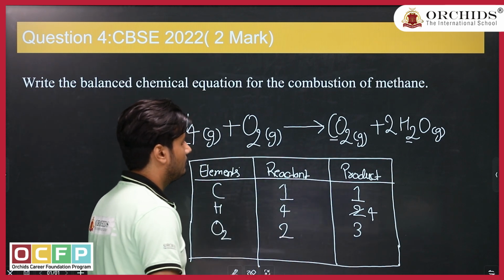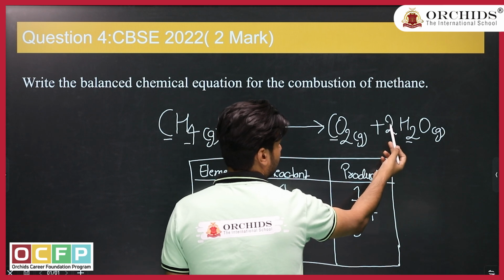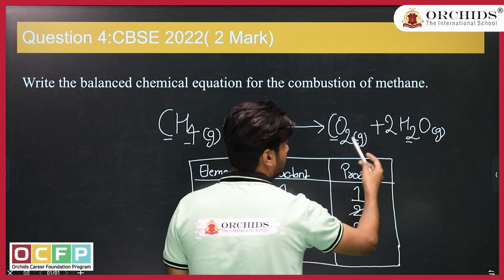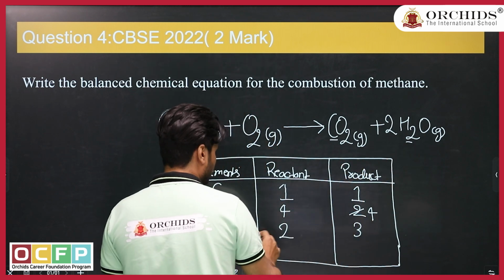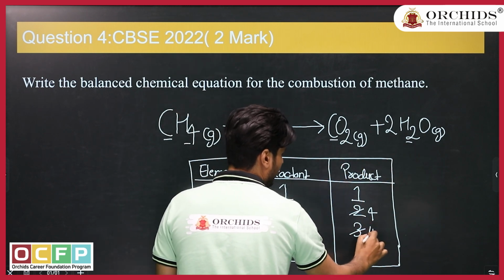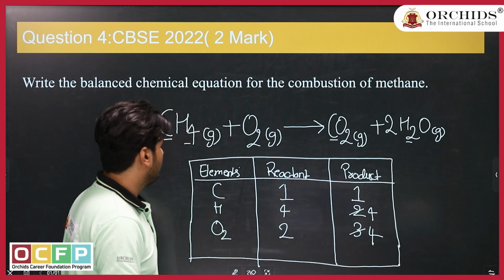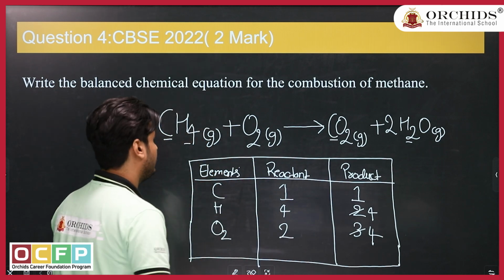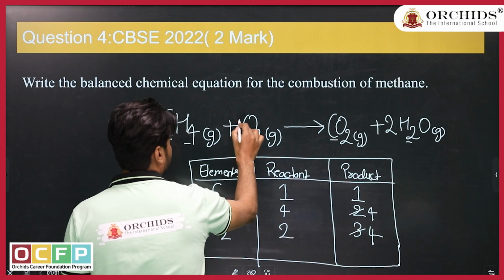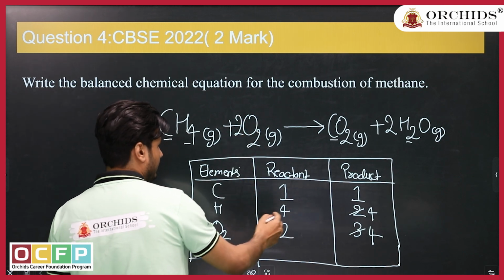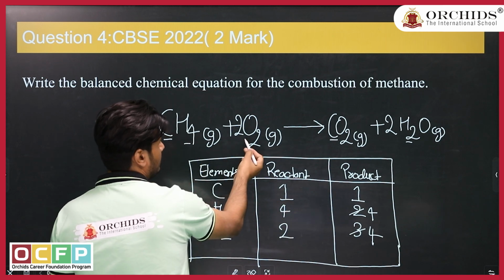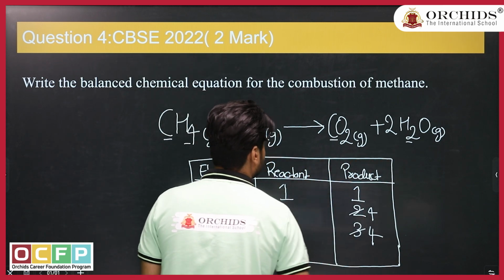Alright. So now when we change the hydrogen to 2H2O, oxygen will become 2 plus 2, 4 on the product side. Now to make 4 oxygen on the reactant side, we just have to write the coefficient 2 over here. Alright. So that makes us CH4 plus 2O2 gives CO2 plus 2H2O.